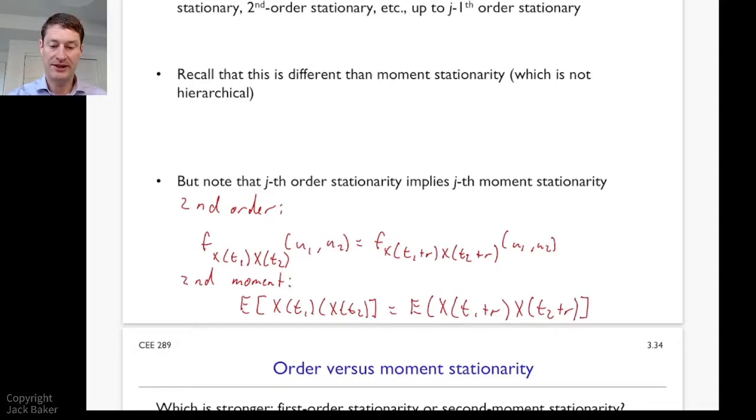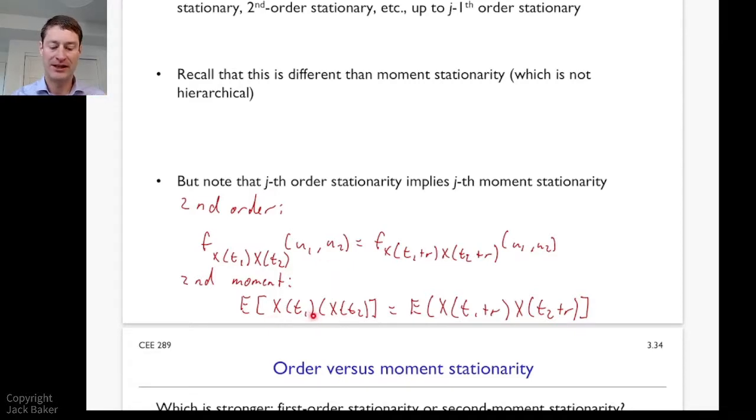But in order to compute that expectation, with the integral form, we're going to take u1 and u2, and then multiply that by the joint probability density function for x at time t1 and x at time t2, and we're just going to complete an integral.